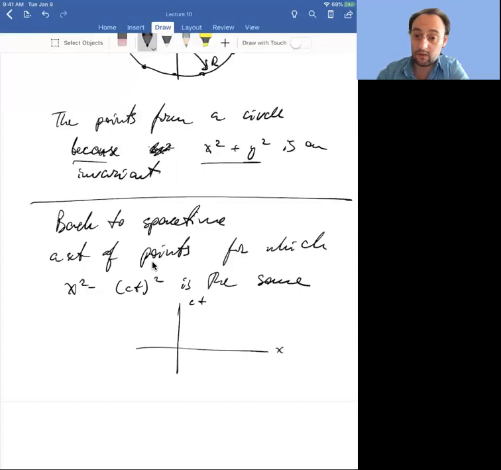It has a name, you know it since 9th grade. It's called a hyperbola. You're used to x squared minus y squared is a constant. That's a hyperbola. A set of points for which this is the same is a hyperbola.